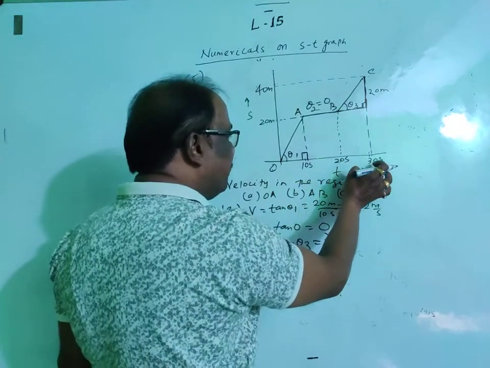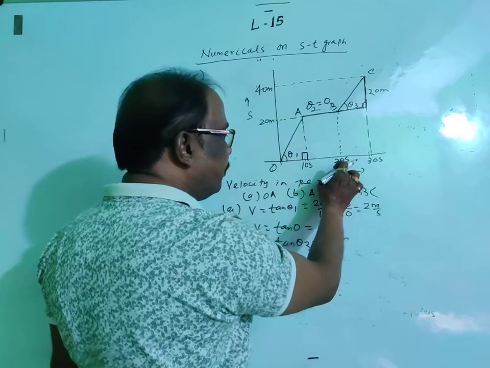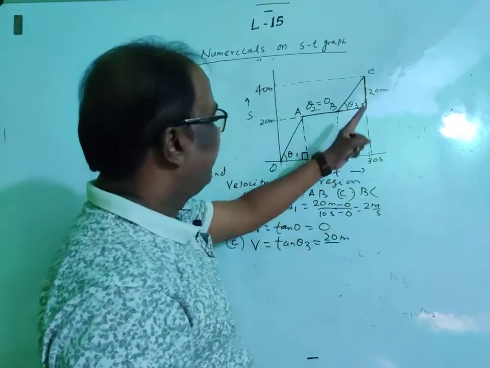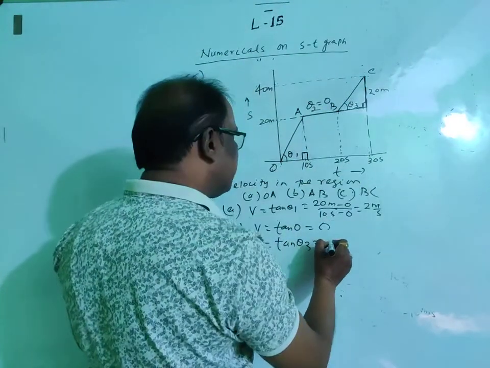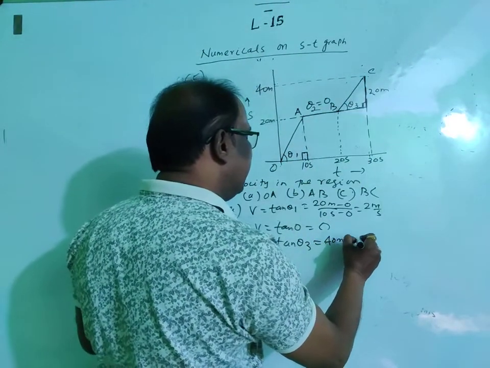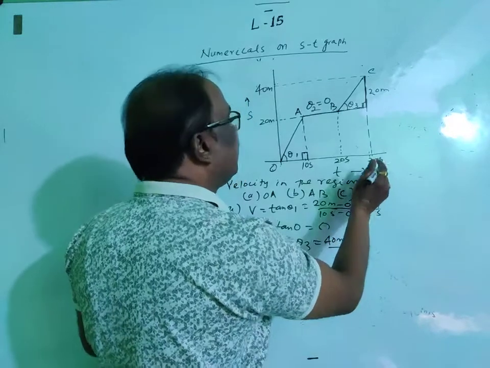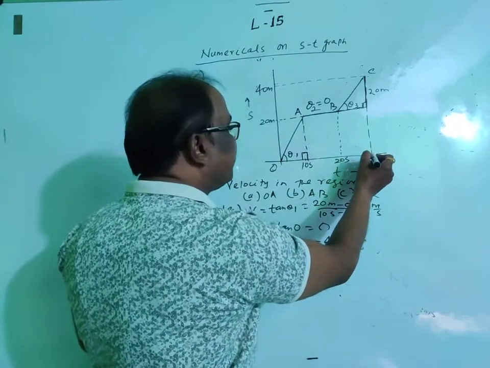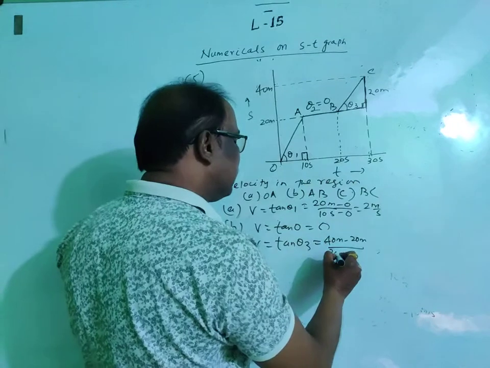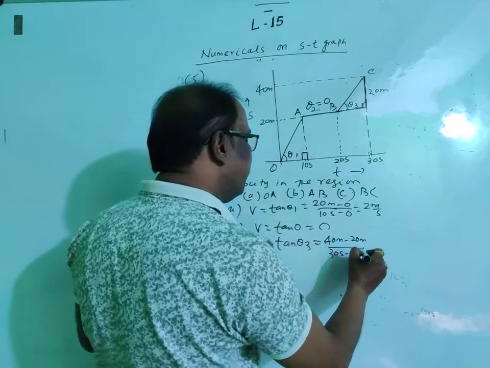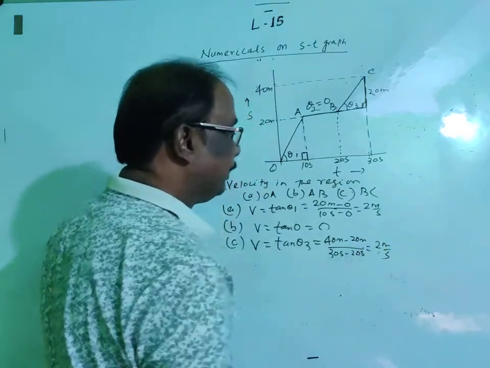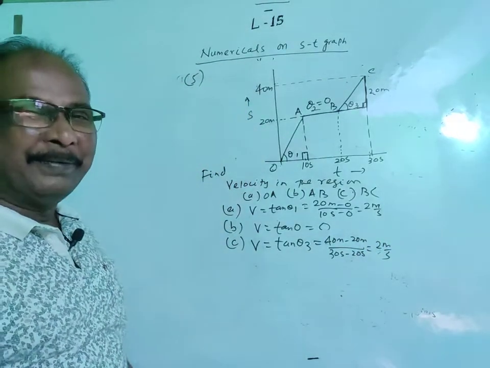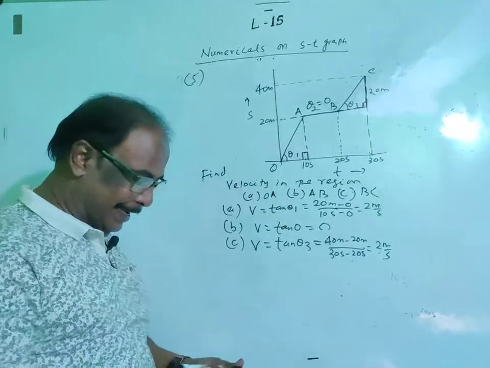This interval of time is 30 second minus 20 second. You may write it: 20 meter, meaning 40 meter minus 20 meter, divided by the interval of time, 30 second minus 20 second. Again 20 by 10 means 2 meter per second. Too easy, very easy questions. Okay, next question.